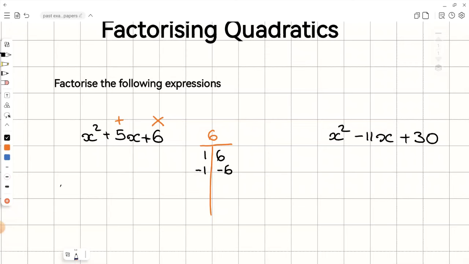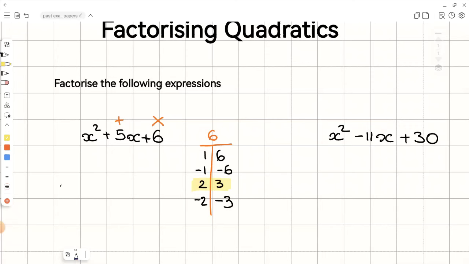Another factor pair could be 2 and 3, or -2 and -3. Now we need a pair that adds up to 5, which is +2 and +3.